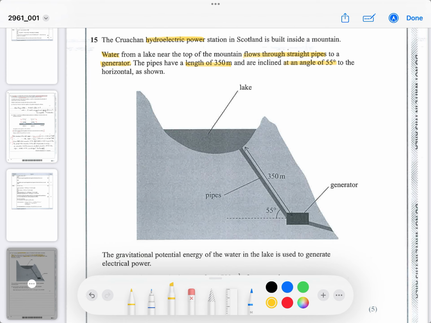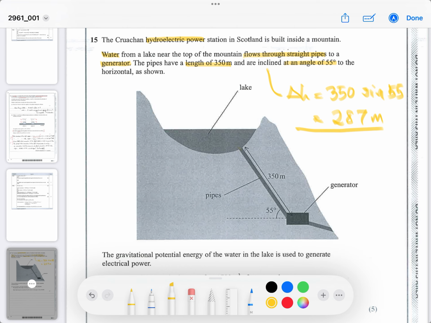So the change in height is equal to 350, the length, times the sine of the angle. 350 sin 55, and on the calculator the loss of height is 287 meters.